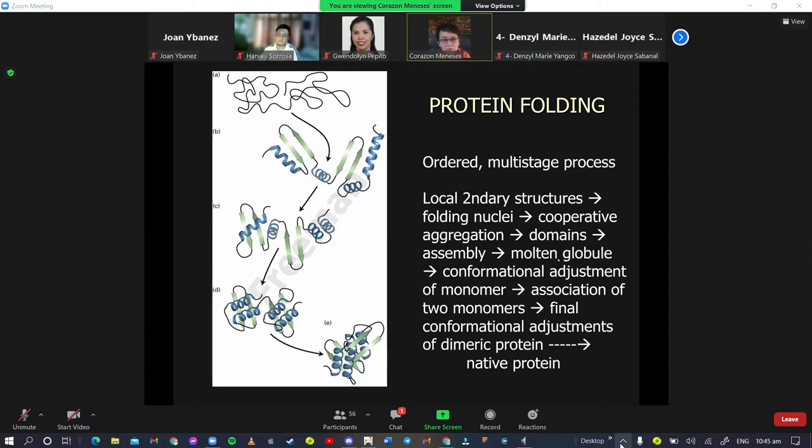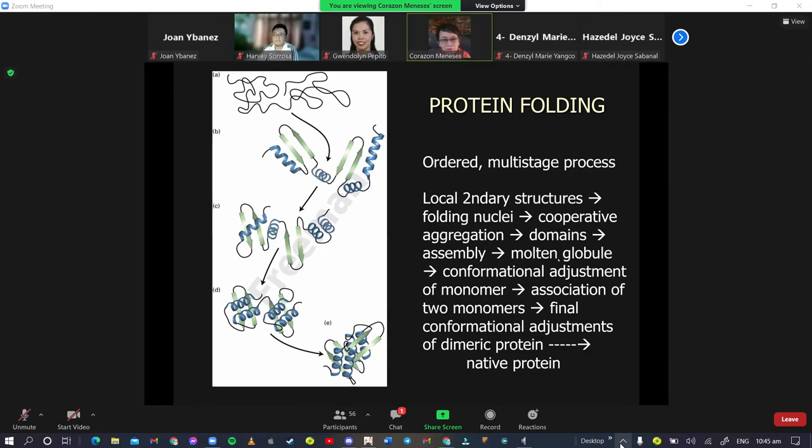And finally, you see that you have the secondary structure formed. So local secondary structures will be formed. Then they will aggregate. Okay, so there will be domain assembly, and then it will become your molten globule. So the tertiary structure is the molten globule.